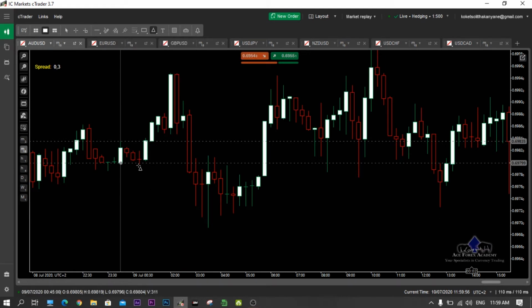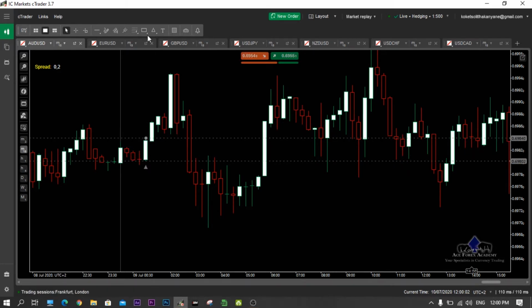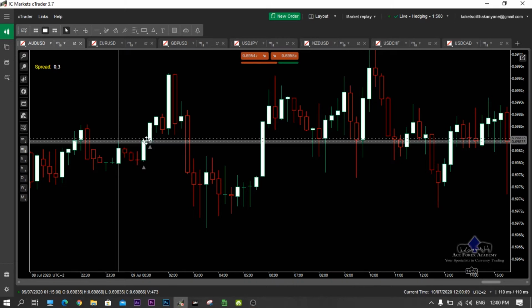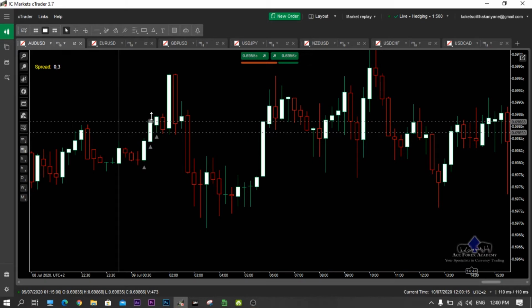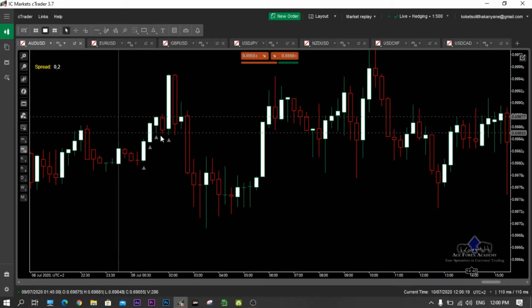So we had brief consolidation, the bulls pushed the pair higher. Bulls pushed the pair higher and we had our area of consolidation, and they pushed the pair higher.